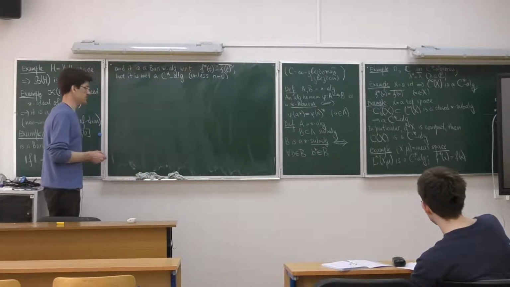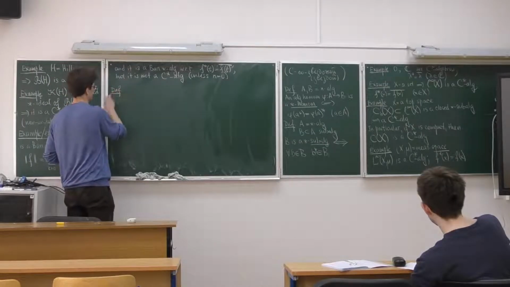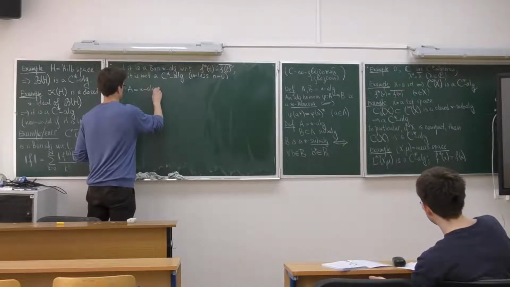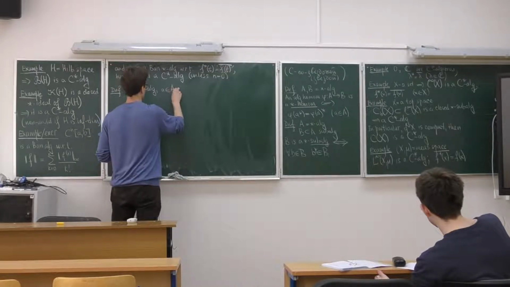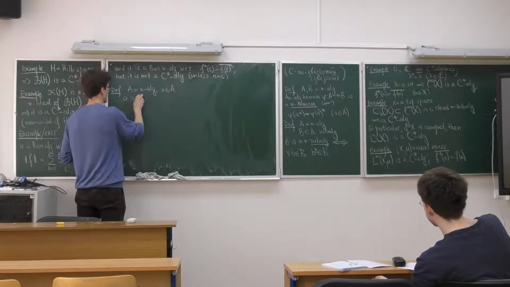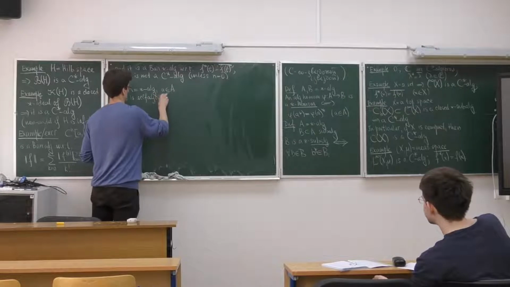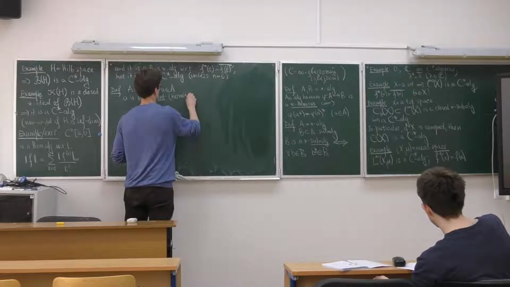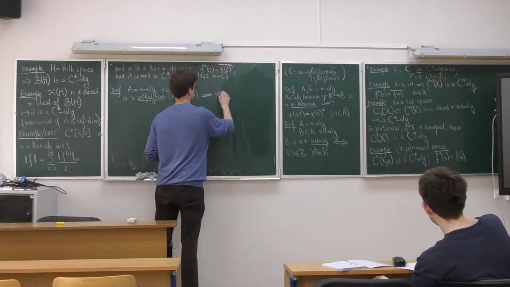Let's now introduce some more terminology. Again, we suppose that A is an arbitrary star algebra, and little a is an element of A. We say that a is self-adjoint or Hermitian if a star equals a.